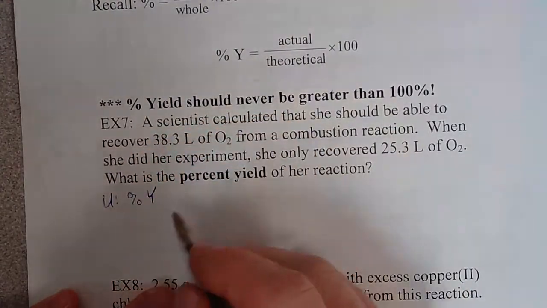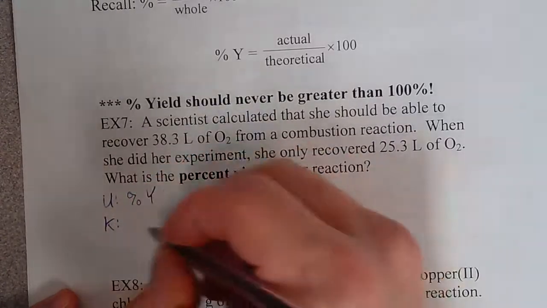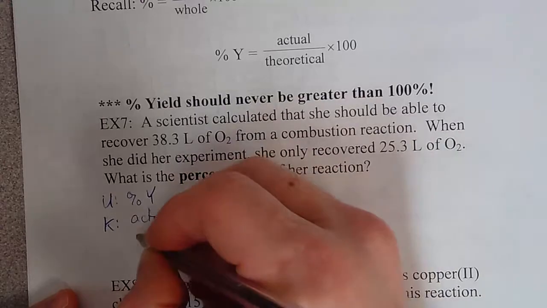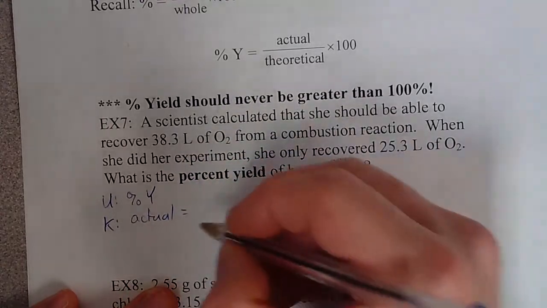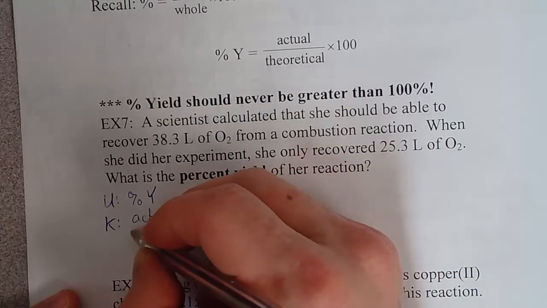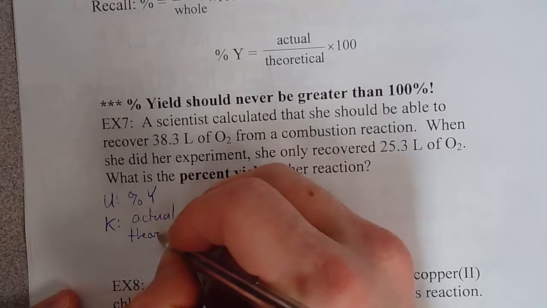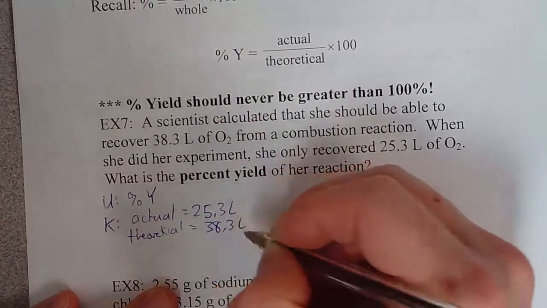You can abbreviate percent yield as percent Y. I'll know what it is. The actual yield was 25.3 liters. The theoretical yield was 38.3 liters.